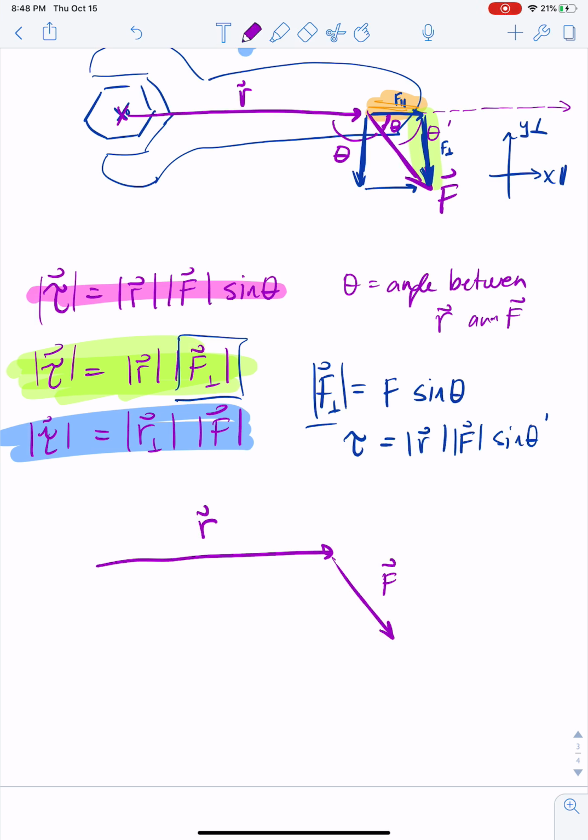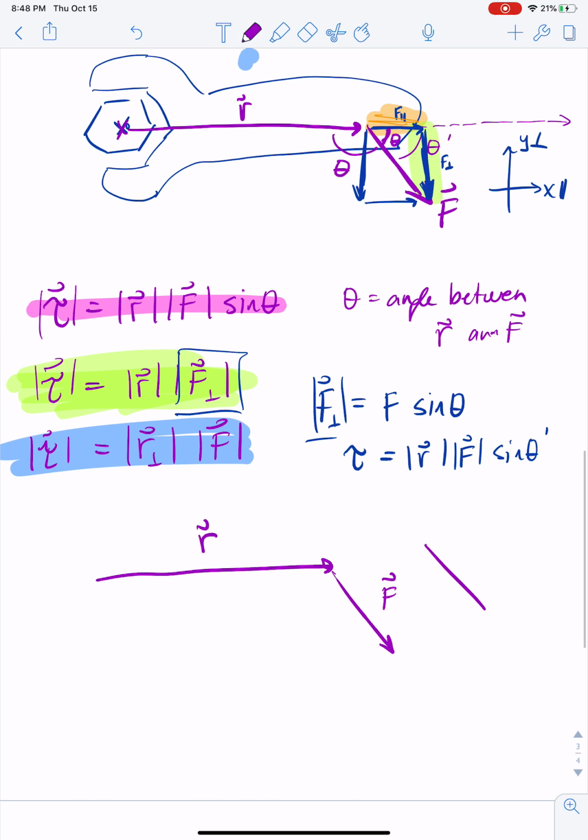So when I say the component perpendicular to my force, I can imagine drawing a coordinate system now here, where this would be parallel and this would be perpendicular. Okay, I've drawn a coordinate system where this vertical here, or sort of vertical, is parallel to my force, and this one is perpendicular. If that's confusing, it might help to turn your paper or turn your head sideways, or draw this on your own paper so you can turn it sideways, okay?